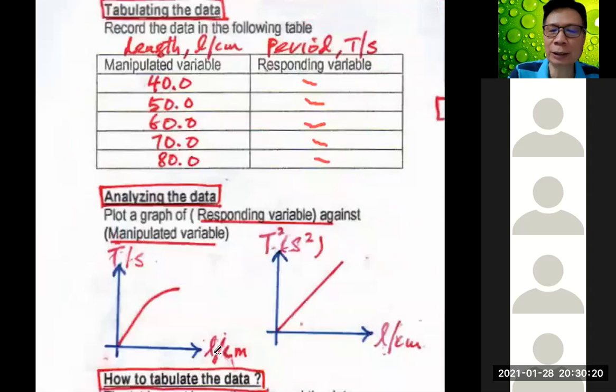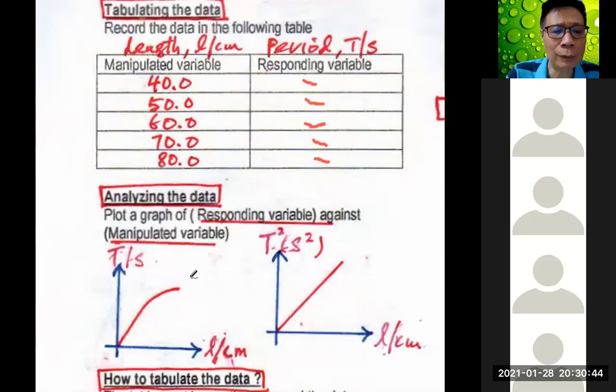On the x-axis it must be the manipulated variable. If you reverse them, then it is wrong. Understand? So it must be responding variable against the manipulated variable. If you plot T, the period, against the length, you will get a curve like this.